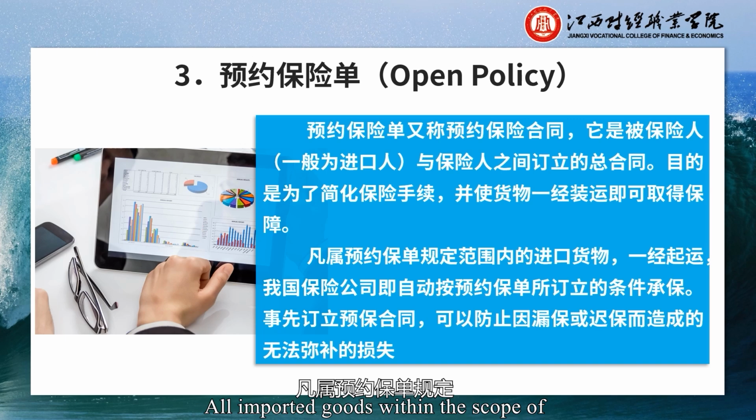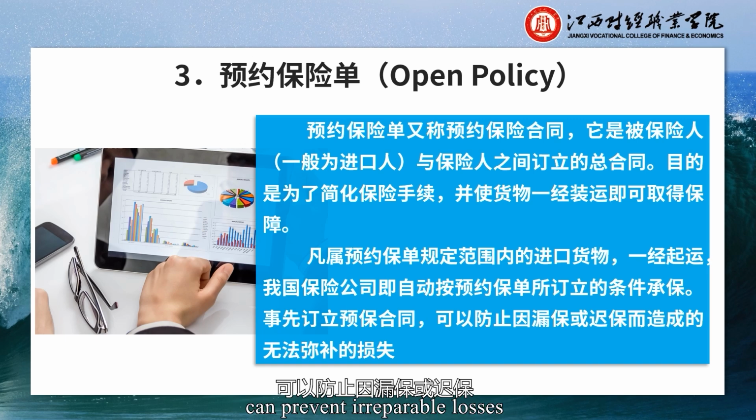All imported goods within the scope of the prearranged policy will be automatically insured by Chinese insurance companies according to the conditions stipulated in the prearranged policy once they are shipped. Establishing a pre-insurance contract in advance can prevent irreparable losses caused by missed or delayed insurance.